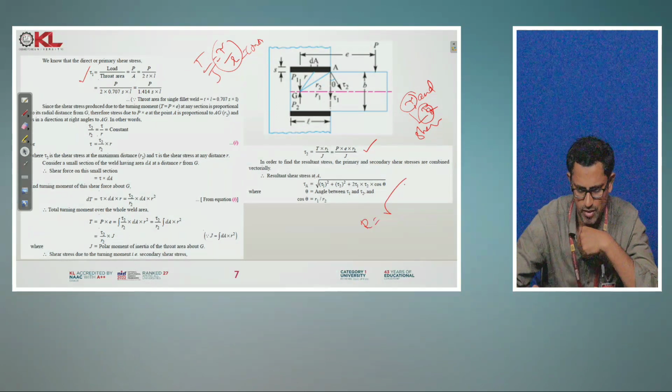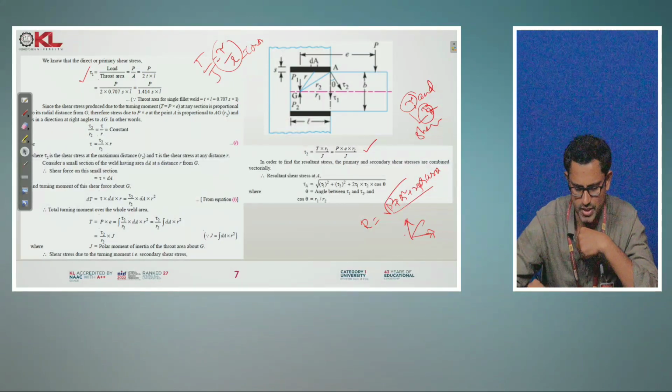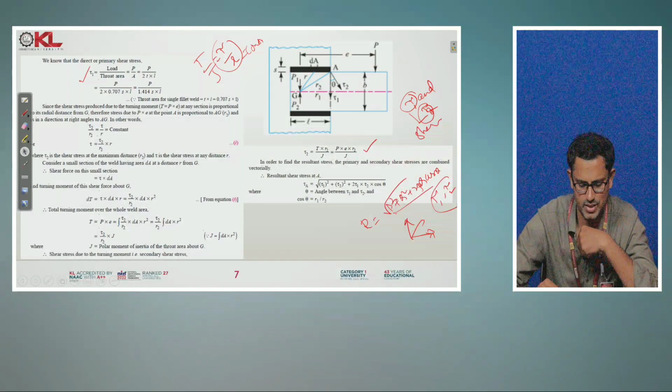We have seen the resultant equation, how we calculate p square plus q square plus 2pq cos theta, where one is p and one is q. Similarly, tau 1 is there, tau 2 is there, so using these two we can calculate the resultant shear stress.